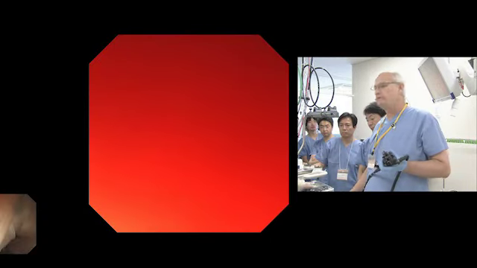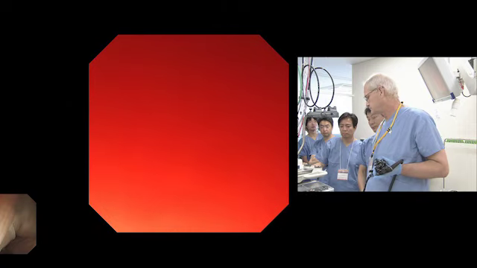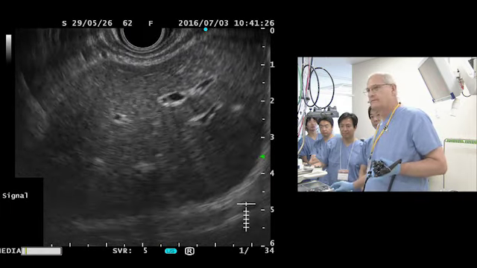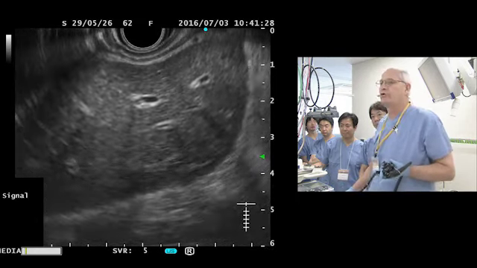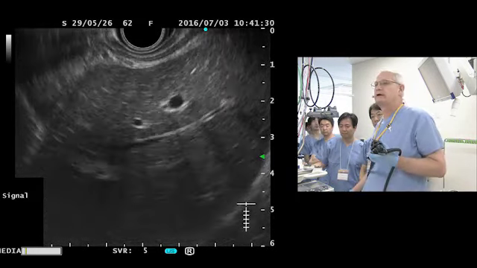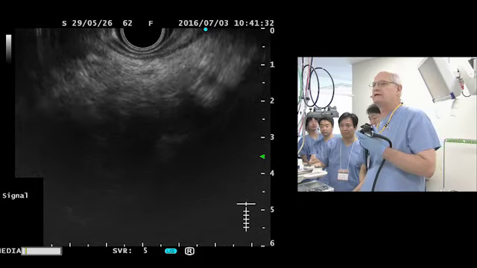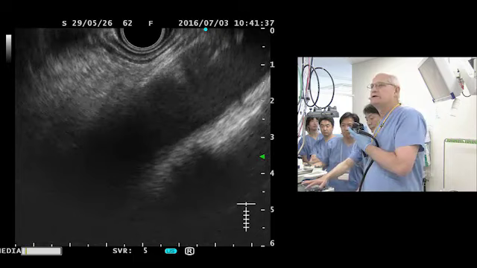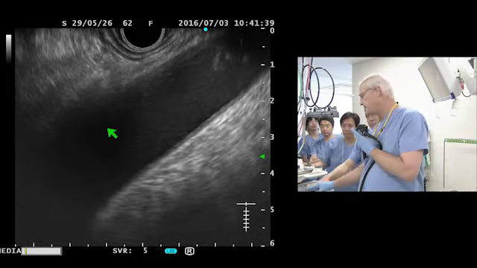I torque. So I will torque clockwise, clockwise off of the liver. And as you torque clockwise, you will encounter the aorta.